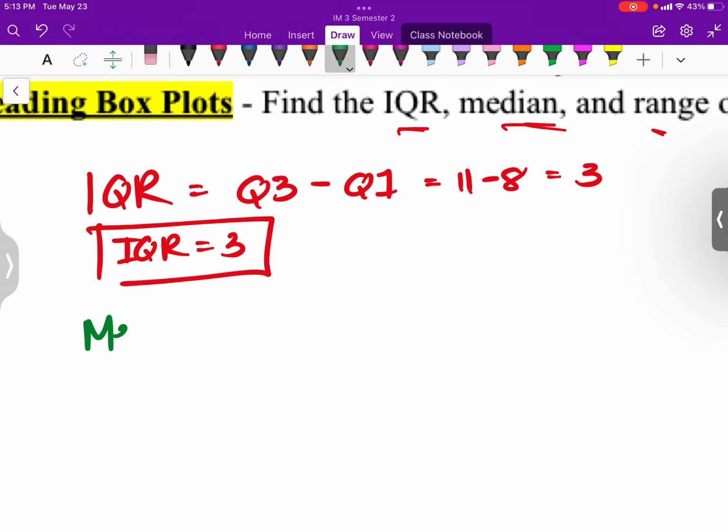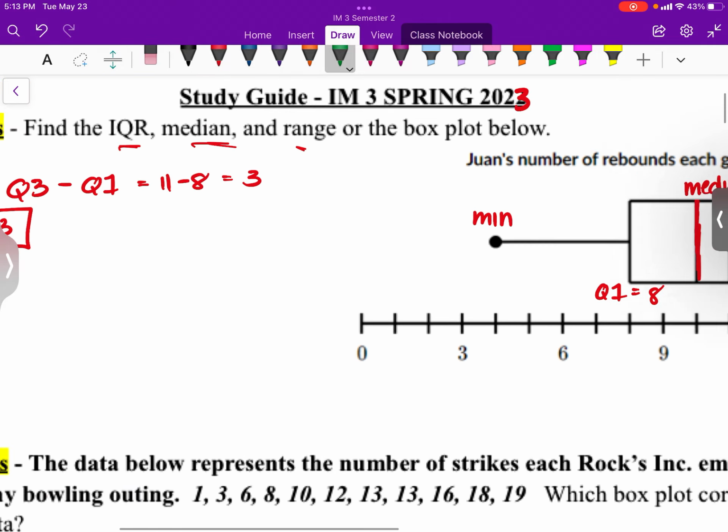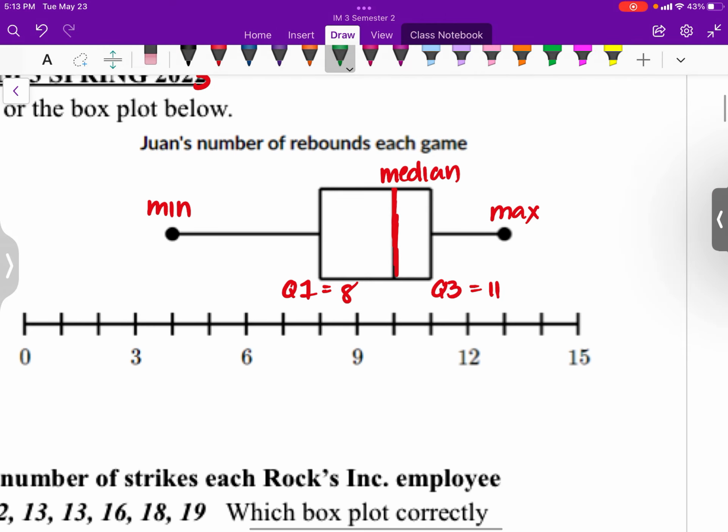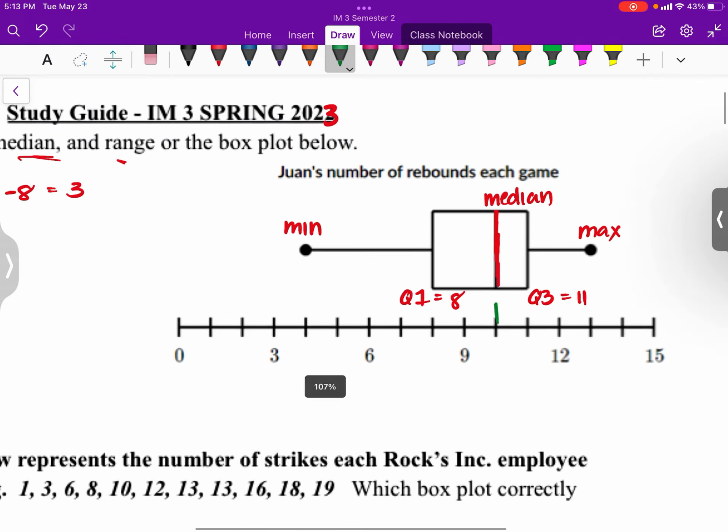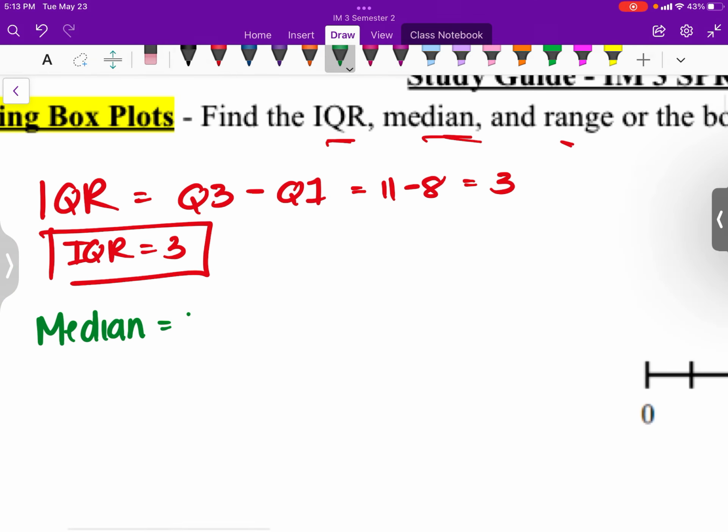Median, guys, would be our middle, our 50% of the data, so that would land on 10. Median is 10, and the range is the max minus the min.